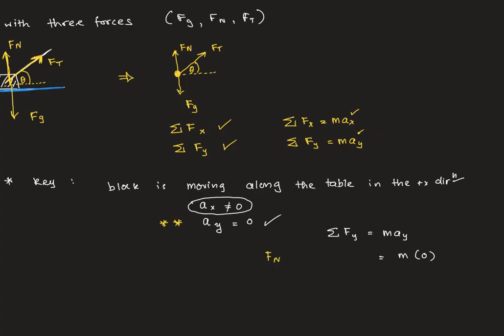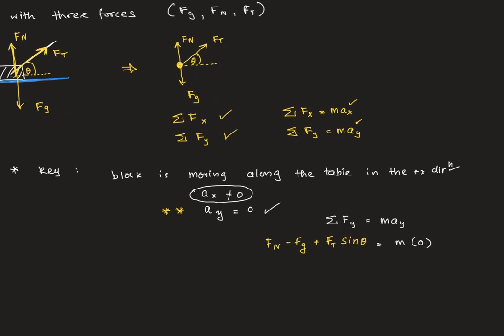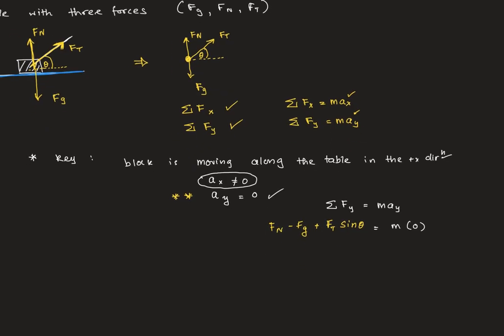Fn will be Fn sine 90, so Fn sine 90 will be Fn. And Fg will be Fg sine 270, which will be negative Fg. And the last one, Ft sine theta. When I do this, I always take all the angles with respect to the positive x-axis, and everything is measured in the counterclockwise direction.